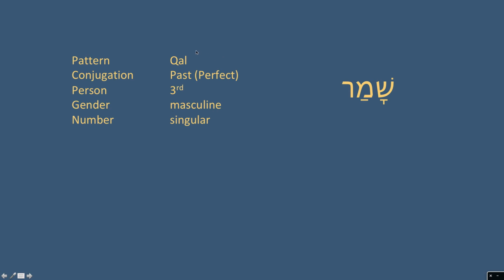So there's a term called parsing a verb, and parsing a verb simply means looking at a particular verb and identifying the pattern, the conjugation, the person, the gender, and the number. While this may feel overwhelming at first, identifying person, gender, and number will become very easy because you'll get to know the forms, and they stay pretty consistent with all the different binyanim.